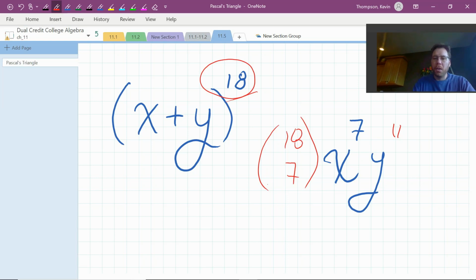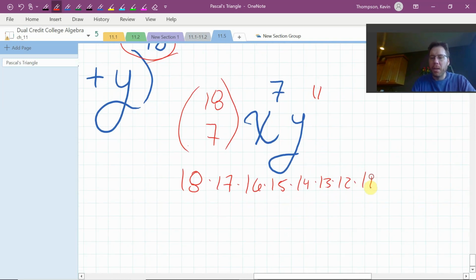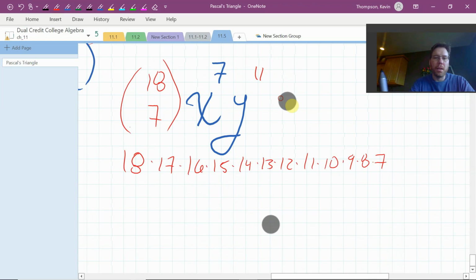And so here, our coefficient should be 18 times 17 times 16, 15, 14, 13. And this continues down. And this is when we're going to want our calculator to do this a little bit simpler. But I want you to see something here.